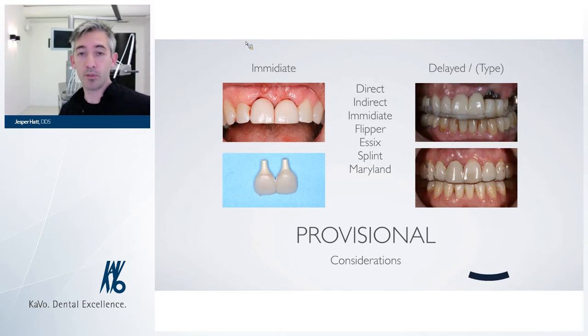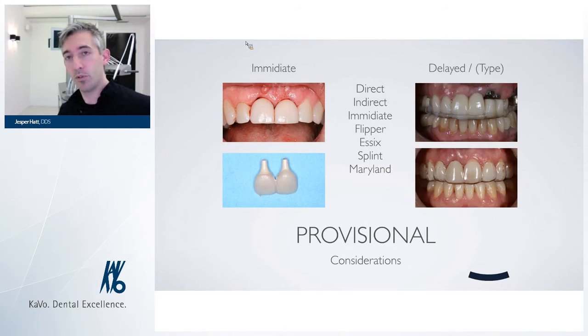That way we would be able to get an indirectly produced provisional that we could just screw into place as soon as the implant has been placed in the right position, angulation, and depth. Nice, easy, clean. It sounds a little bit easier than it actually is, but it is doable. At the moment, I would say it still needs some experience, but it's doable.